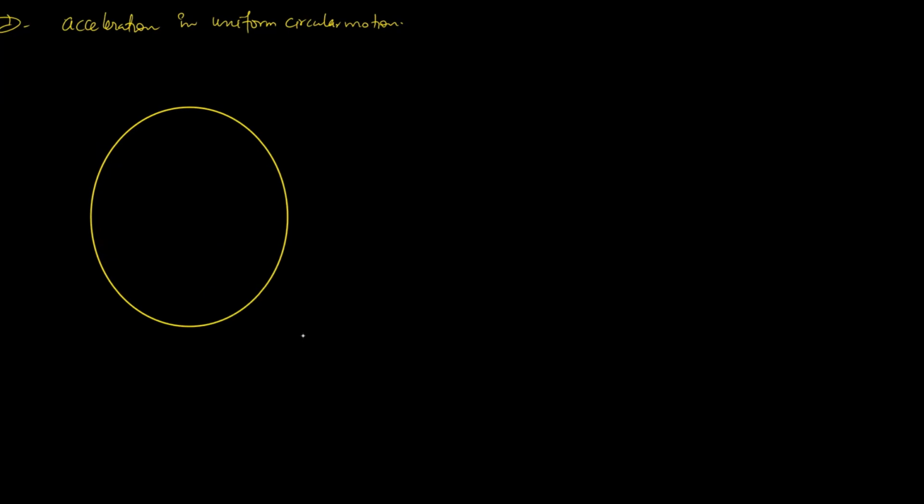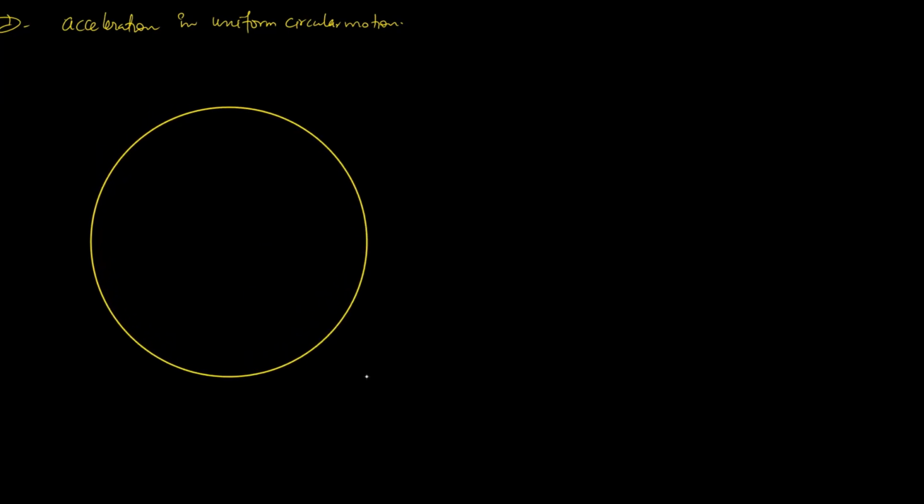Suppose a particle is in uniform circular motion and the radius of the circular path is capital R, and the particle is moving with velocity v. Initial velocity I am considering as v1 vector, so its direction will be tangential. Let's say this is v1.